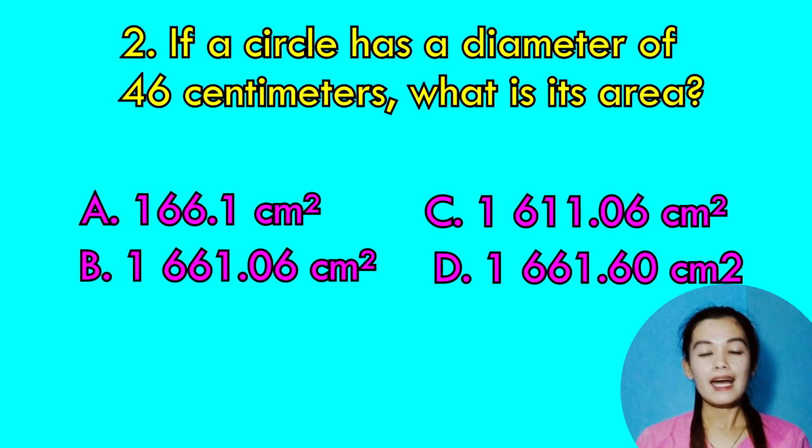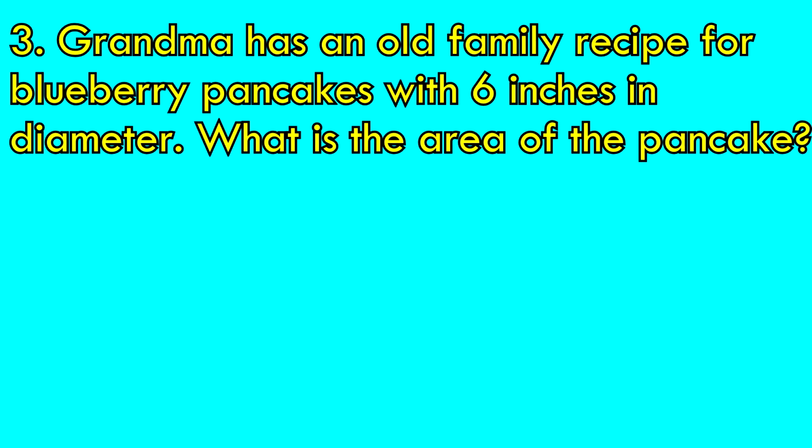Answer is letter B. Now, question number 3. Grandma has an old family recipe for blueberry pancakes with 6 inches in diameter. What is the area of the pancake? Letter A, 28 and 26 hundredths inches squared.